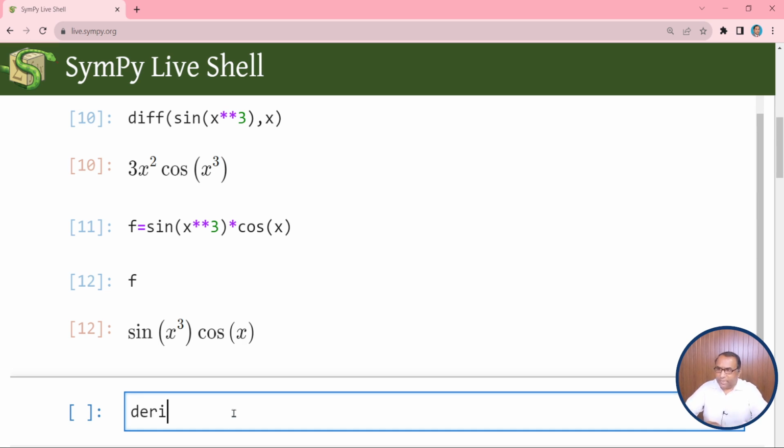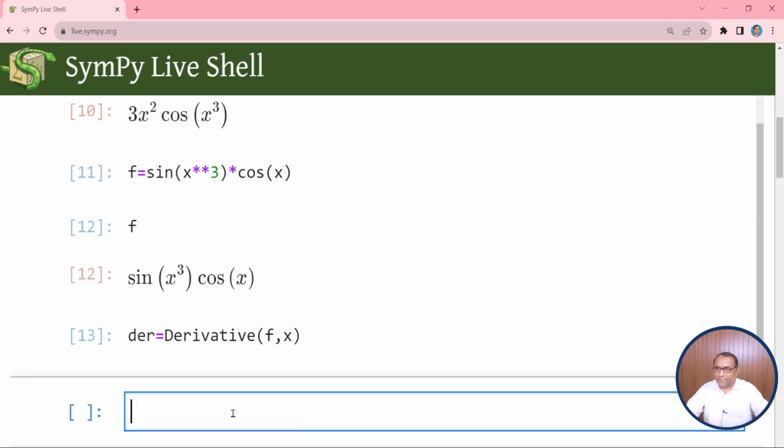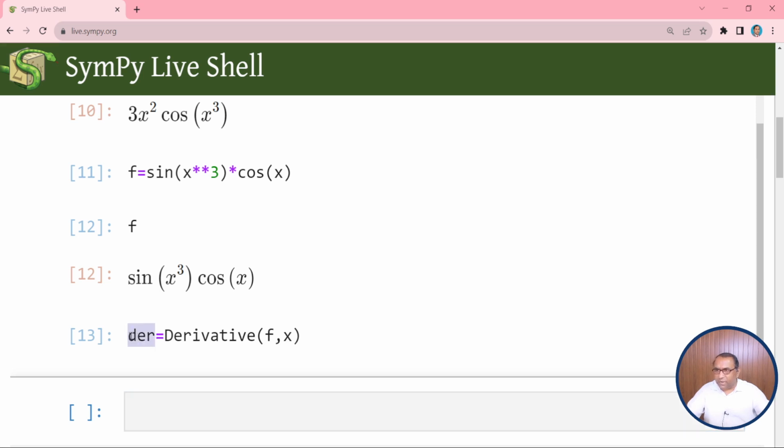Now der is equal to, this is just an assignment for the variable, and then we have diff, and here we are using f comma x, okay, and then enter. So the information on the right hand side which we enter in this equation will be stored on the left hand side, which is der.